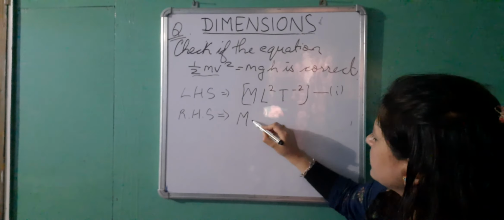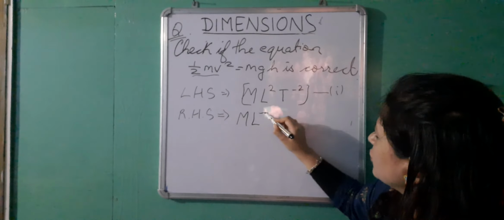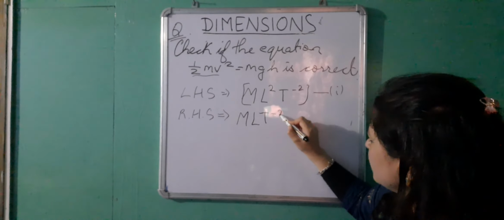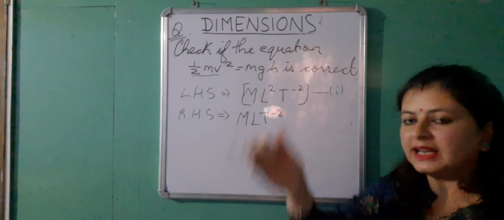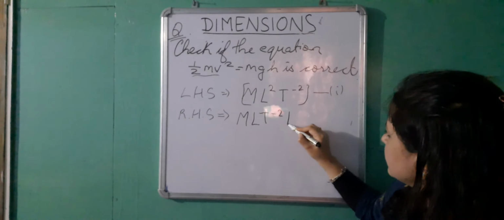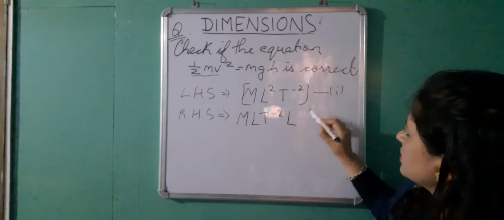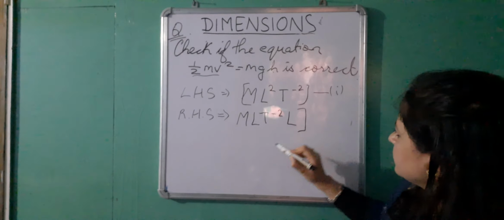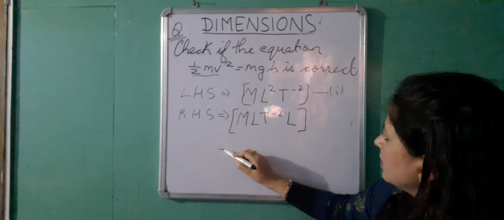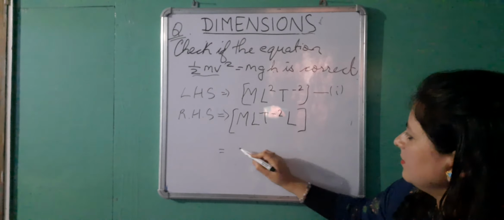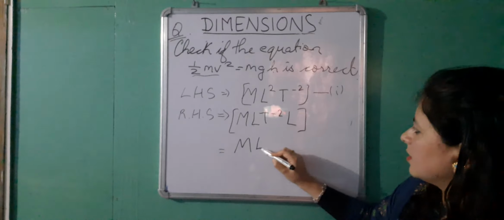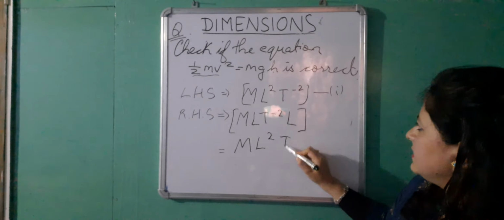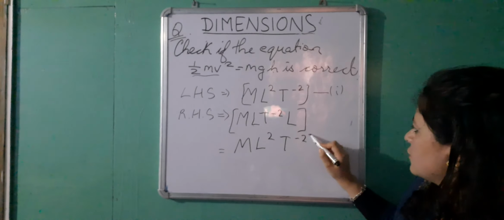So for acceleration it is L t to the power minus 2. We have done it previously. And h is height, which is nothing but the length. So the dimension is L to the power 1. So just solving them, L comes twice here, so it is raised to the power 2 and t to the power minus 2.